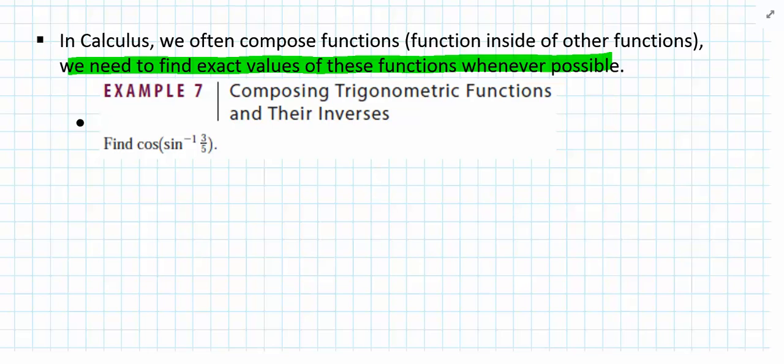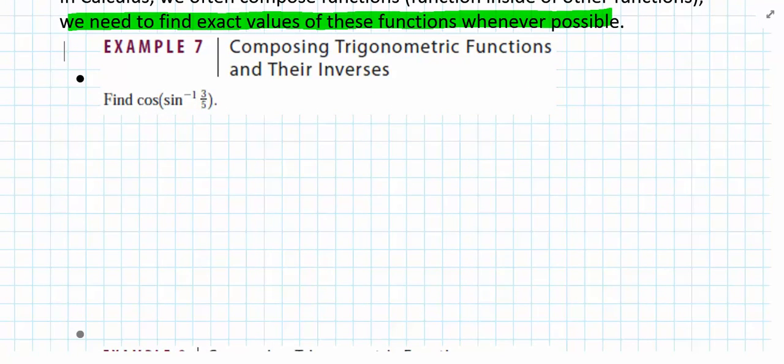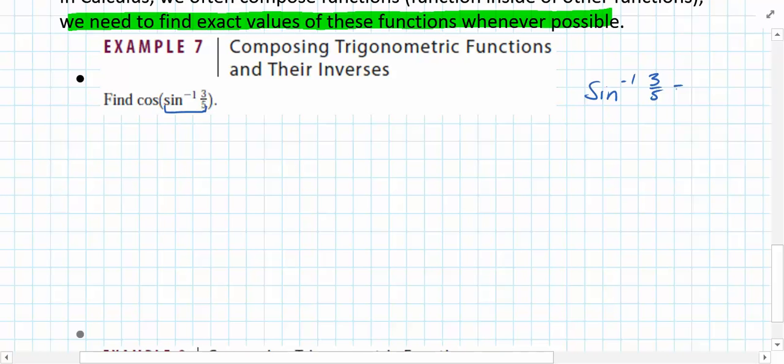So here's the approach that I would most likely use for a problem like this. If I need to find cosine of sine inverse of 3/5, I'm first going to start with this innermost function. And maybe off to the side I'll remind myself that sine inverse, or arcsine of 3/5, must be equal to some number. Since we're dealing with an inverse, this is going to be equal to some angle measure, theta.